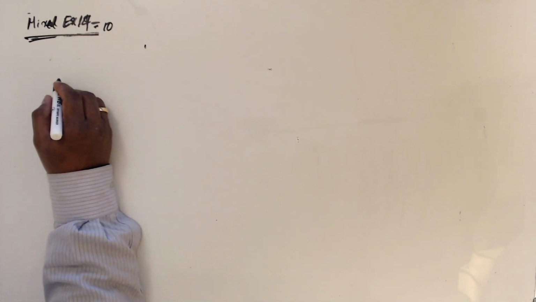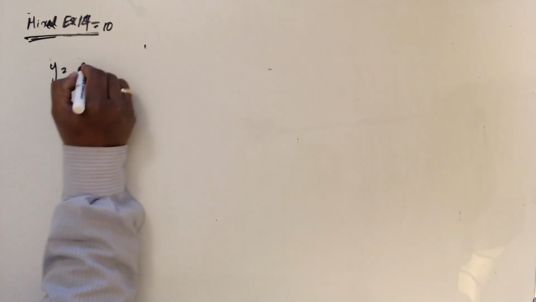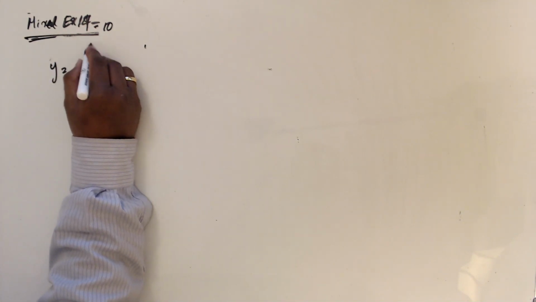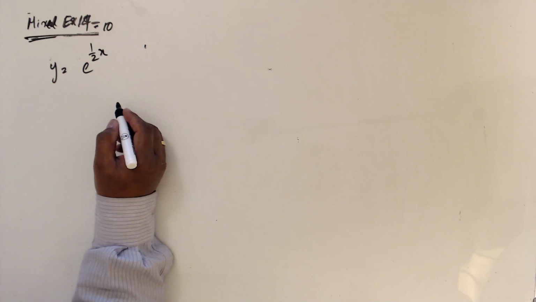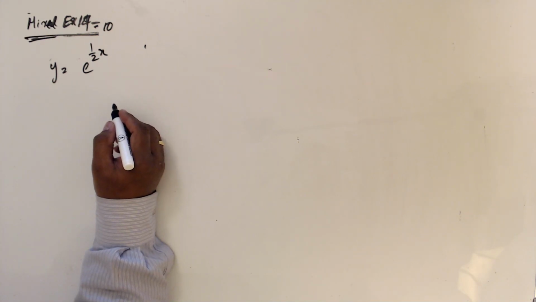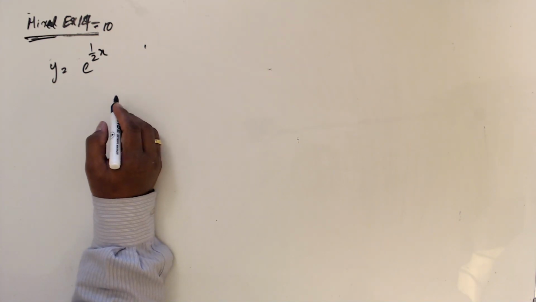Question number 10. The points P and Q lie on the curve with the equation y equals e to the power half x. The x-coordinates of P and Q are ln 4 and ln 16.